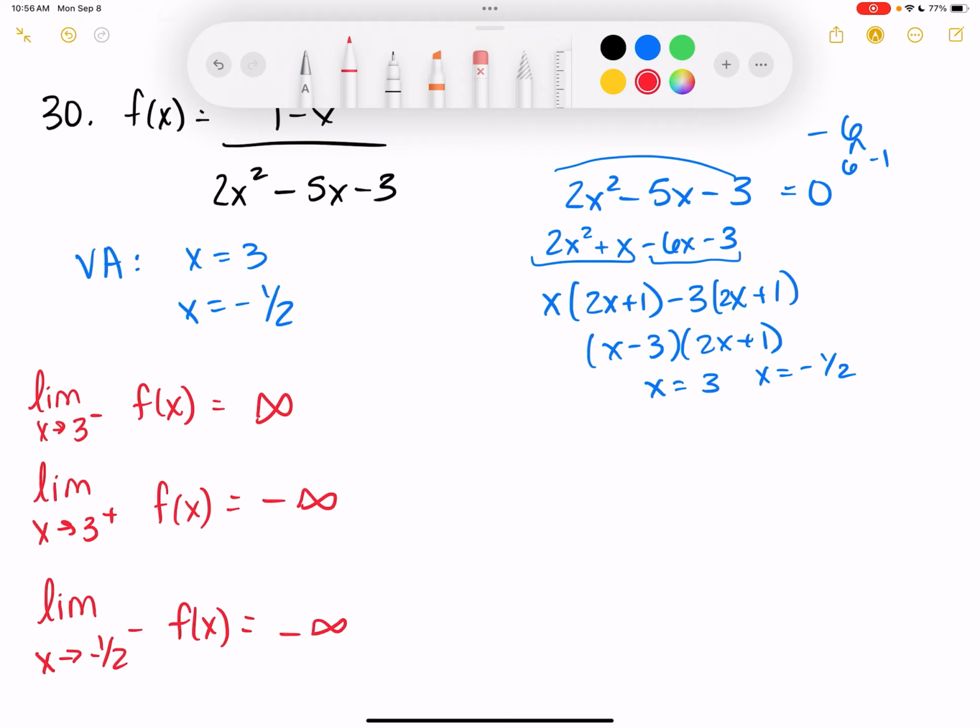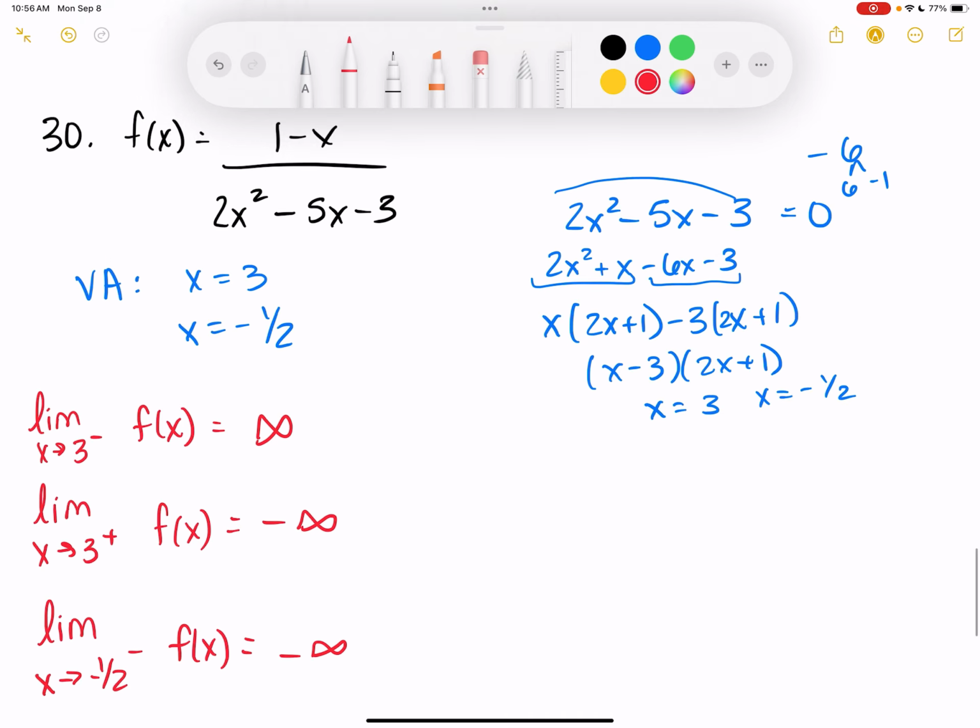No, I lied. Wait. Let me look at my signs, because I don't know if I flipped them all. So that should be a plus. Oh, I know what happened. I didn't put my squared on the outside.